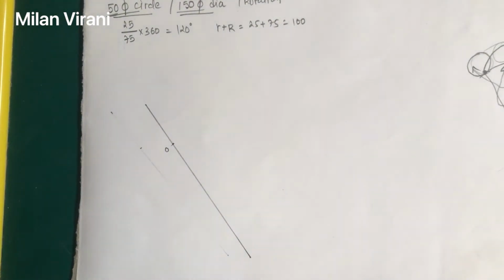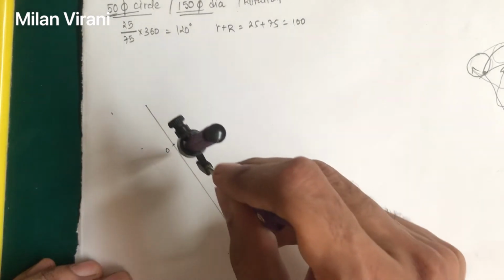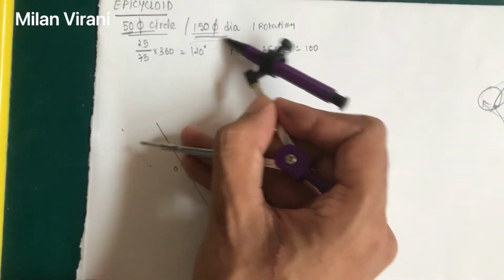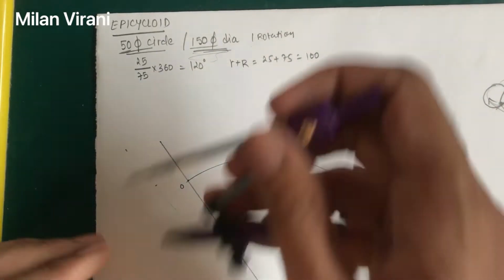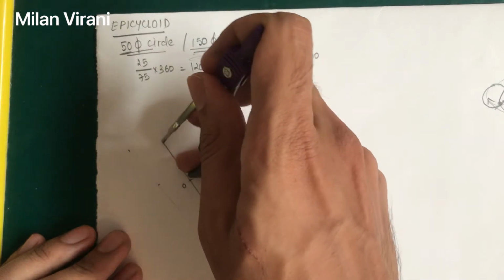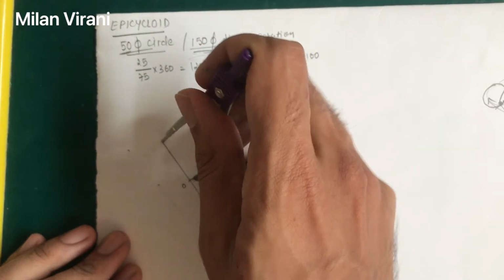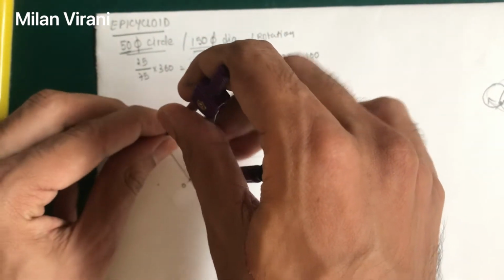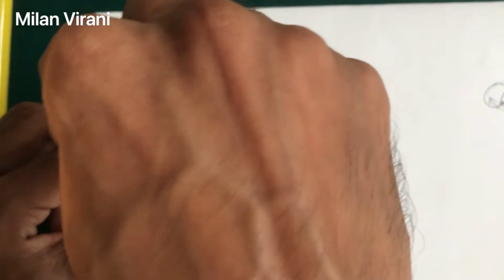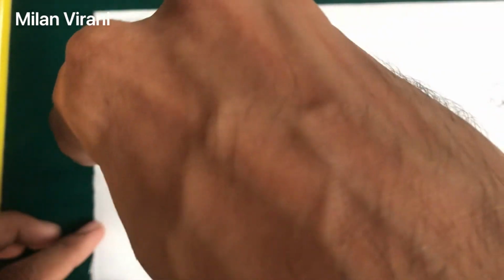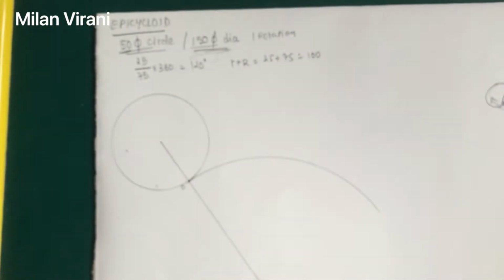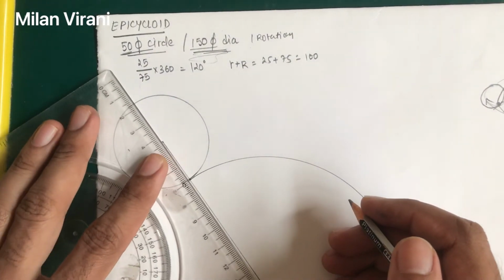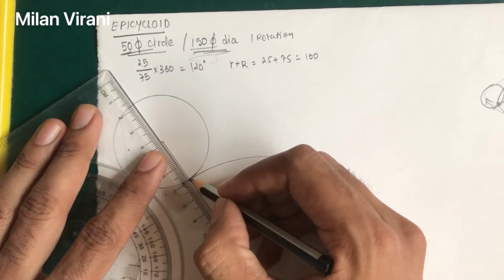This is the 75 radius of the big circle, and here is the 25 radius, specifically the 50 diameter circle. Again I will complete this diagonal.